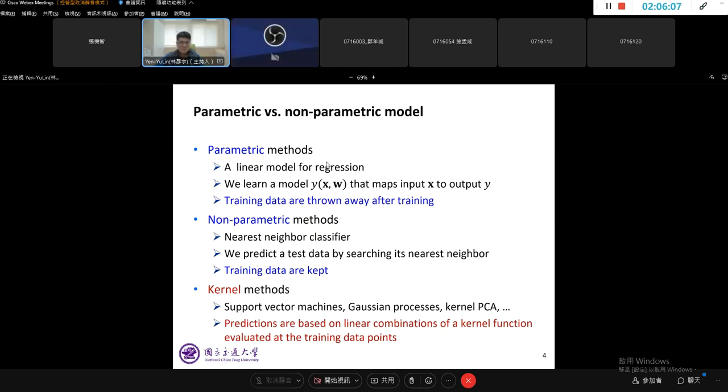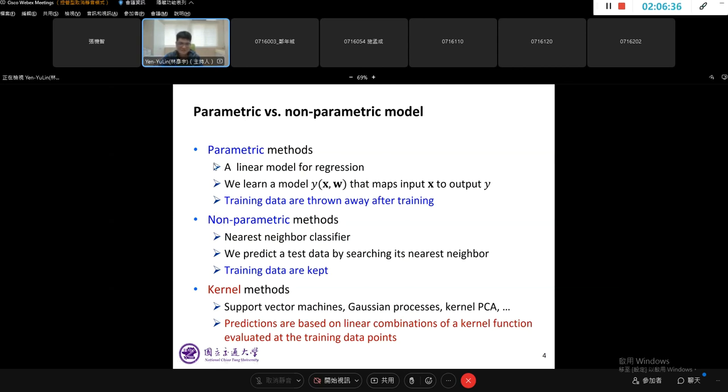Before talking about dual representation, let's talk about parametric and non-parametric machine learning models. Actually, most machine learning or pattern recognition methodology can be divided into parametric or non-parametric models. Let's look at the meaning.